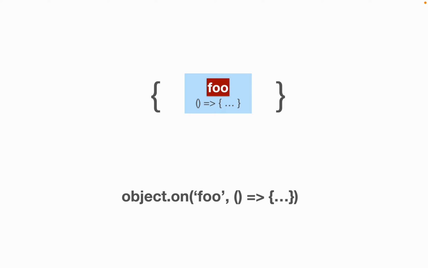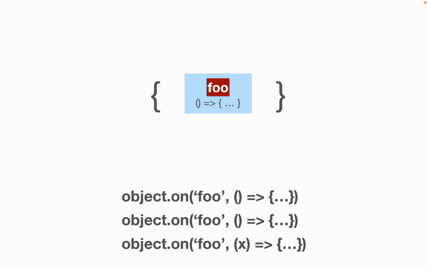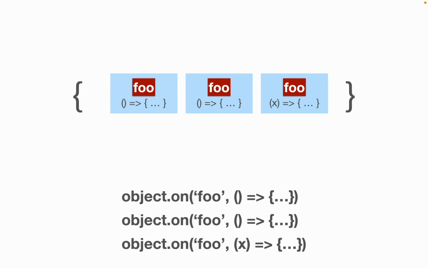When you run this on method, you're just pushing functions inside of this object. And you could do it multiple times. Or you could do it with a function that accepts a parameter or a couple of different parameters. It's completely fine. And whenever you're calling this on method, you're pushing new functions to that object. Pretty simple, right? And you could also do it with different event names.